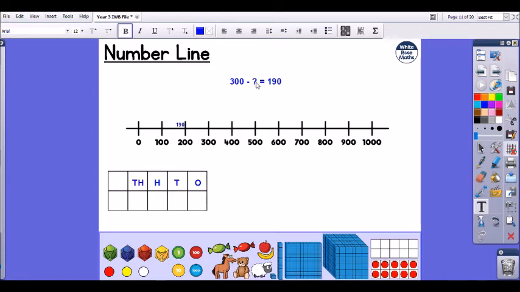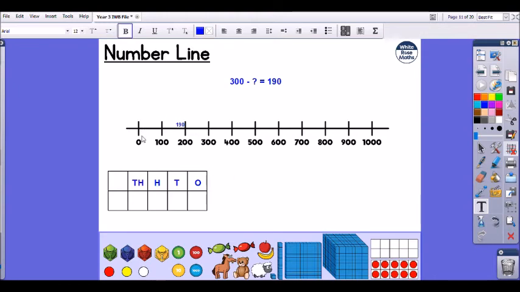But we're going to take our knowledge from the video the other day. Rather than starting at 300 and trying to count backwards, let's start at 190 and count forwards. But first I've got to find 190 on my number line. That is when the knowledge comes into play of all of the different tens that you can find in between these hundreds.